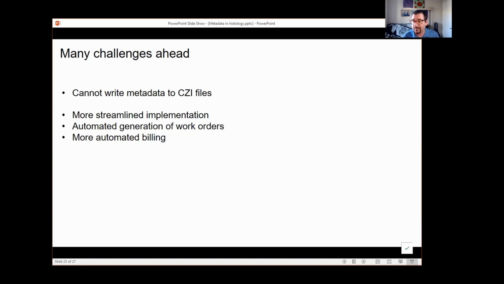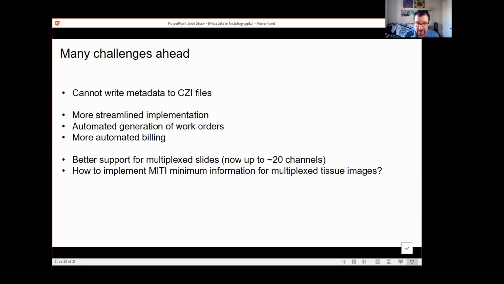We want more automation in generation of work orders. It takes a long time to put that information together. And we crave more automated billing. What we need is better support for multiplex slides. So now we have a system that can stain 17 or 20 channels. We haven't figured this out. We didn't even start. There's this Minimum Information for Multiplex Tissue Images.